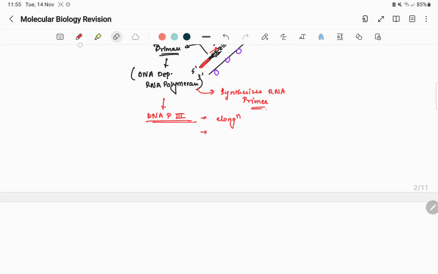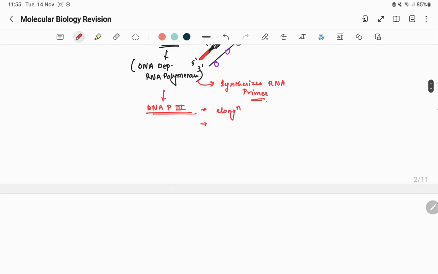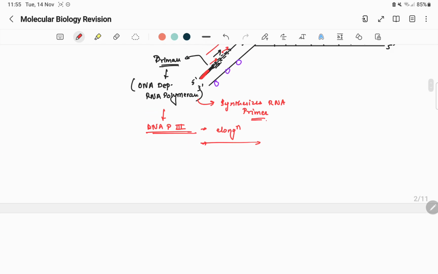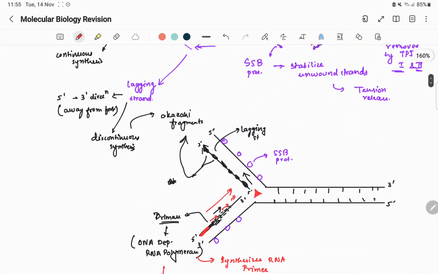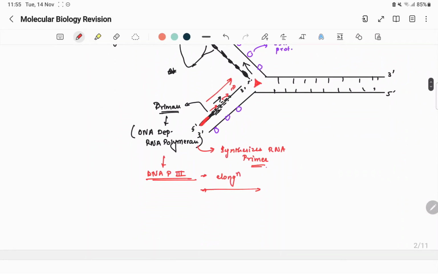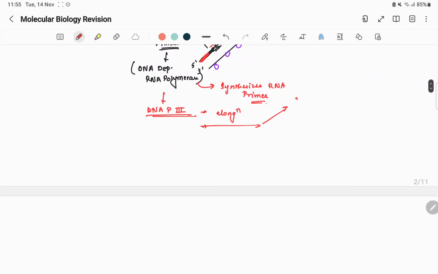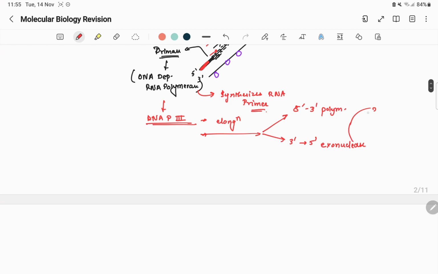First of all, it has a polymerase activity, and for proofreading, to check whether the synthesis is occurring properly or not, it has 5' to 3' polymerase activity and 3' to 5' exonuclease activity. This exonuclease activity is required for proofreading.